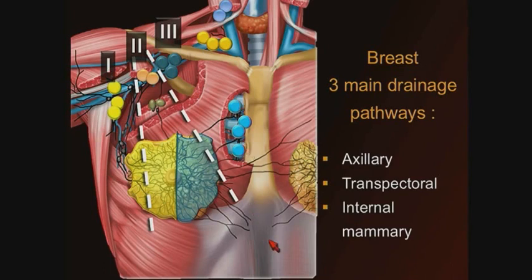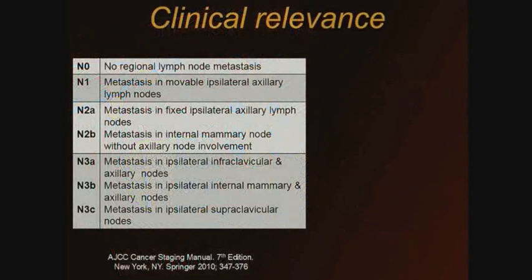In patients with breast cancer who already have involved all these nodal stations and the tumor obstructs them, there's recruitment of contralateral internal mammary lymphadenopathy, and then the disease spreads into the abdomen.